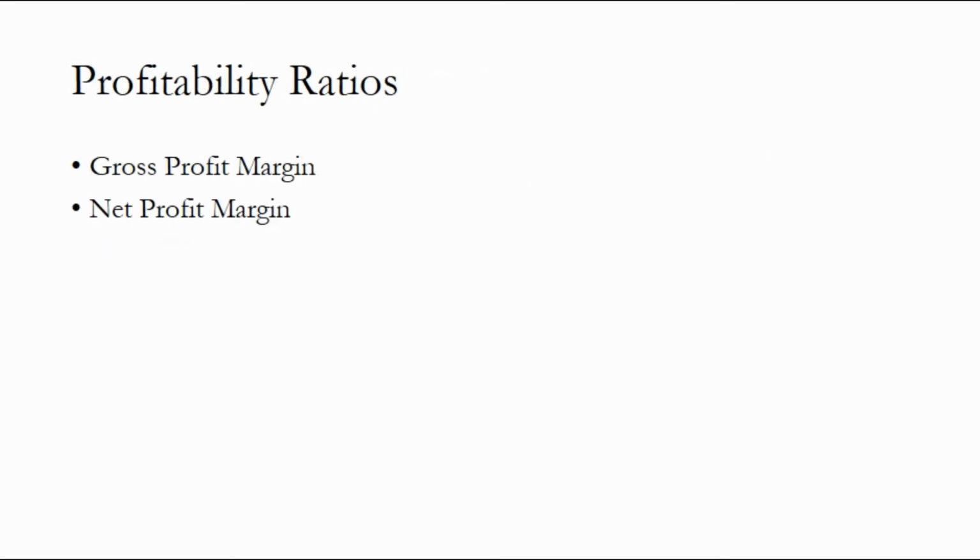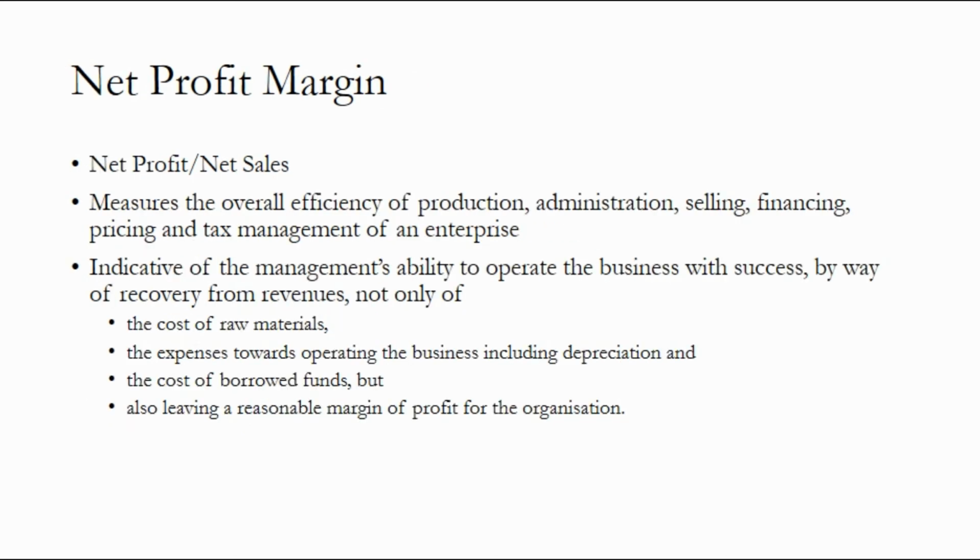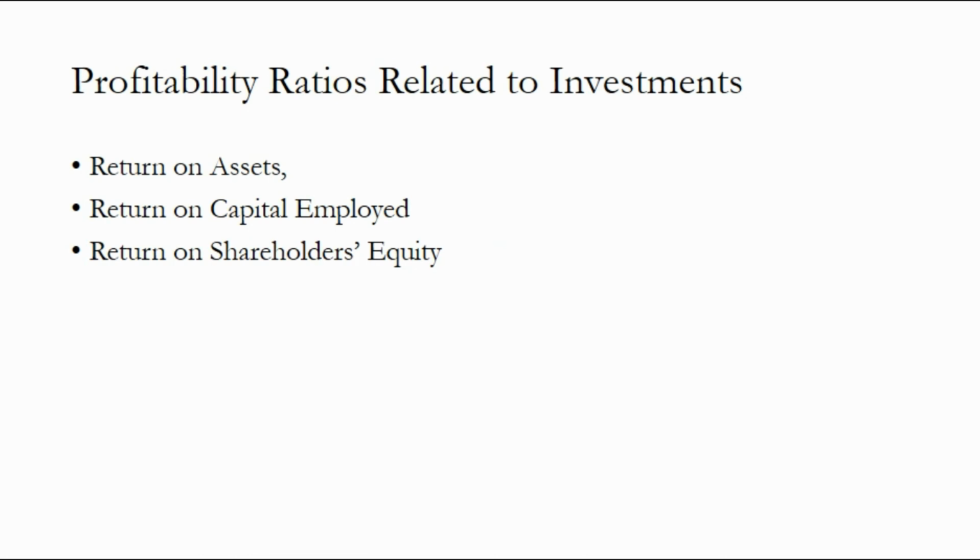Profitability ratios: gross profit margin and net profit margin. Net profit margin is net profit divided by net sales. It measures the overall efficiency of production, administration, selling, financing, pricing and tax management of an enterprise.